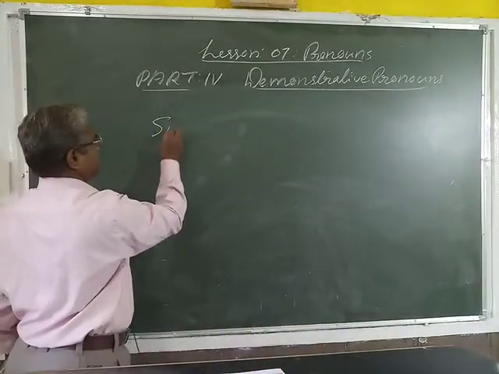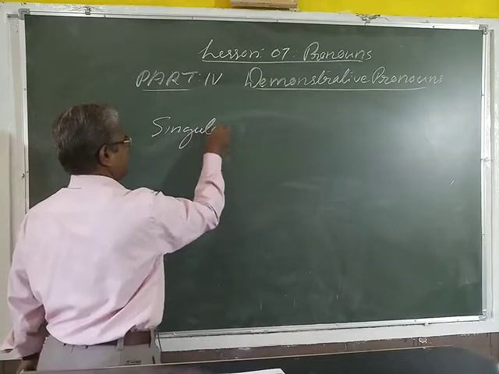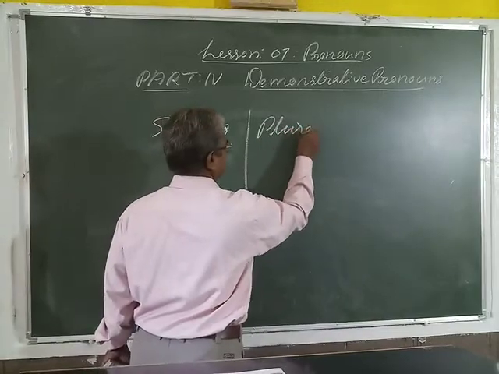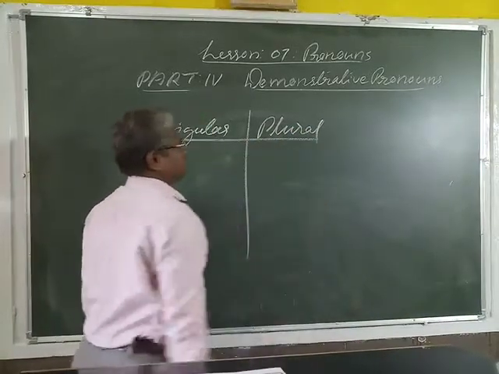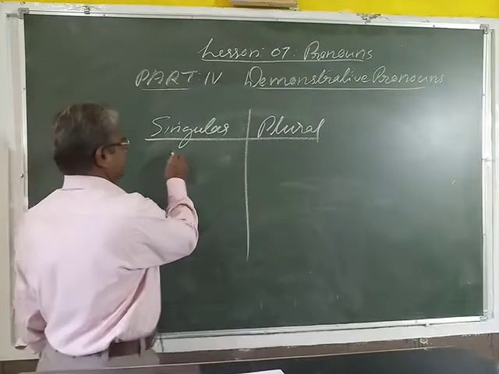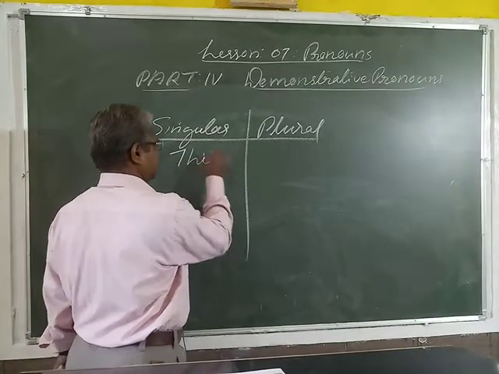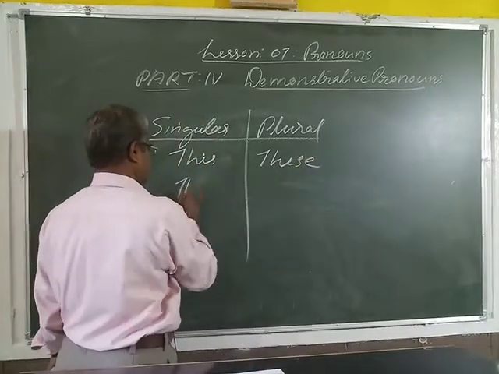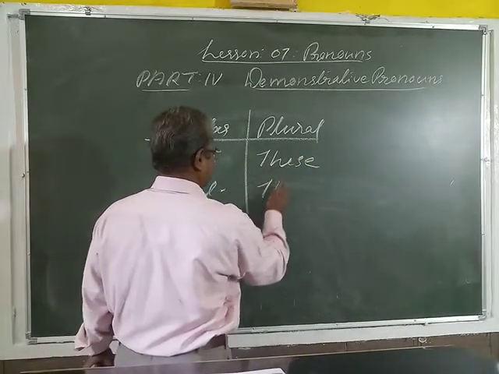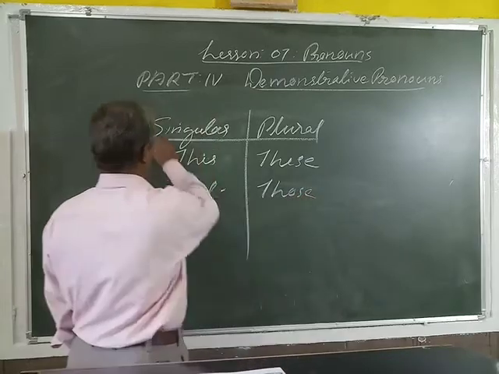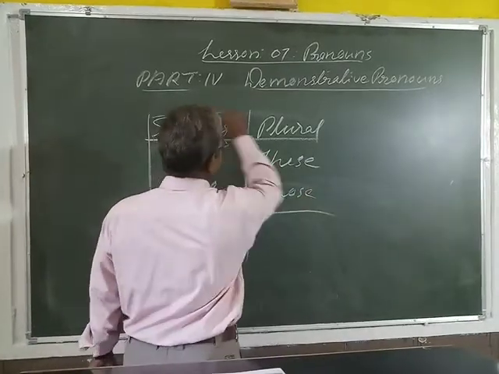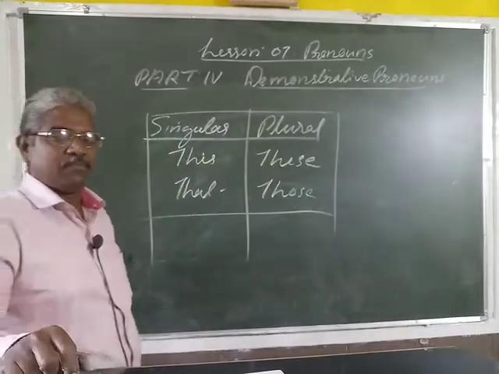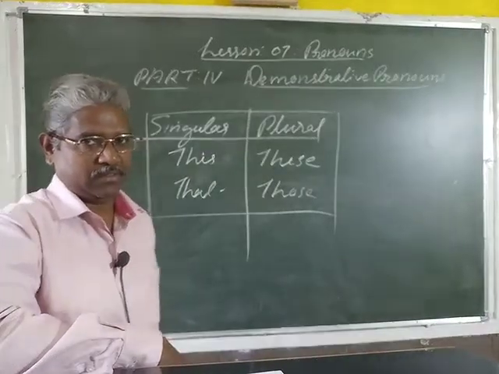Singular, then plural: two types of demonstrative pronouns. The first is very simple, this, plural these. Here is that and here is those. Okay. This is about the demonstrative pronouns.